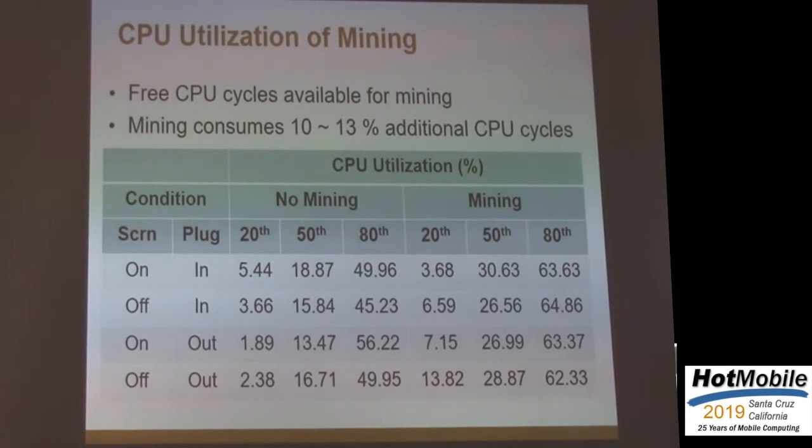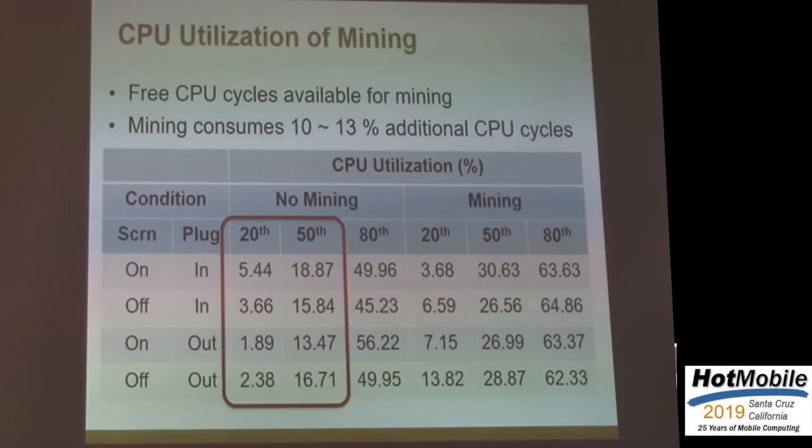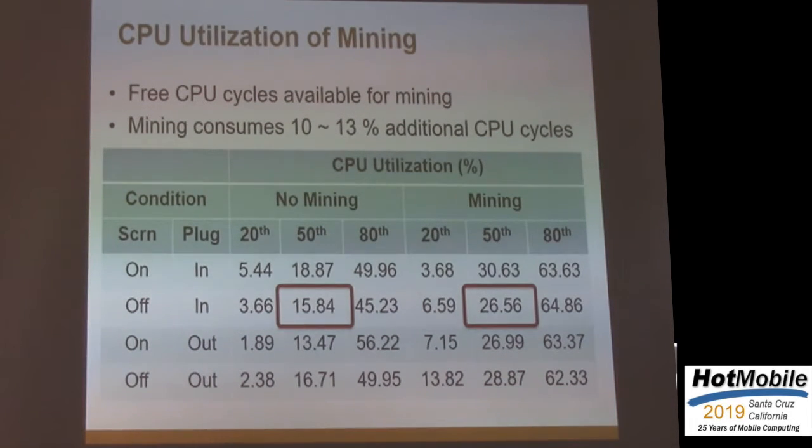Now, CPU utilization of the mining. This table shows the CPU utilization for different conditions, and I want to highlight a few things here. In many cases, there are free CPU cycles available for mining, because for most of the cases, the CPUs are not that much utilized. Mining consumes about 10 to 13% of the additional CPU cycles.